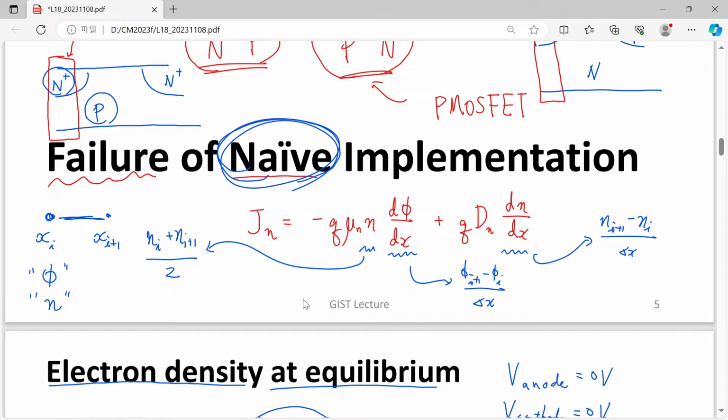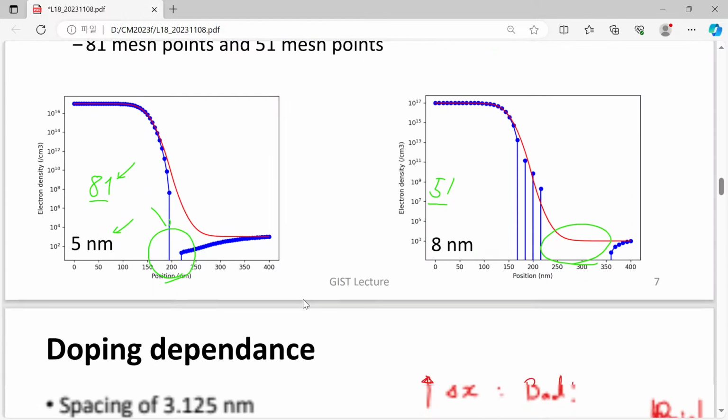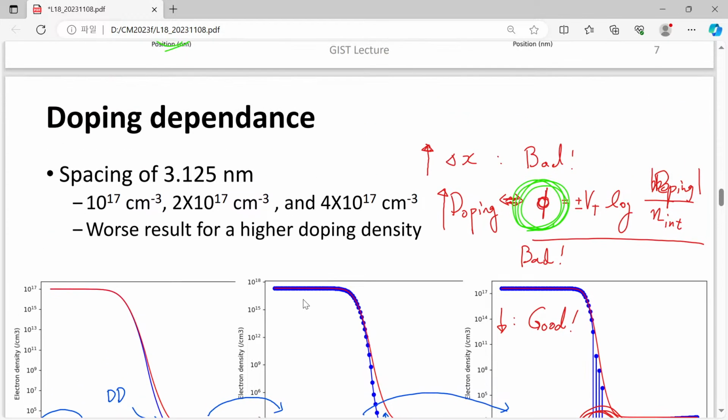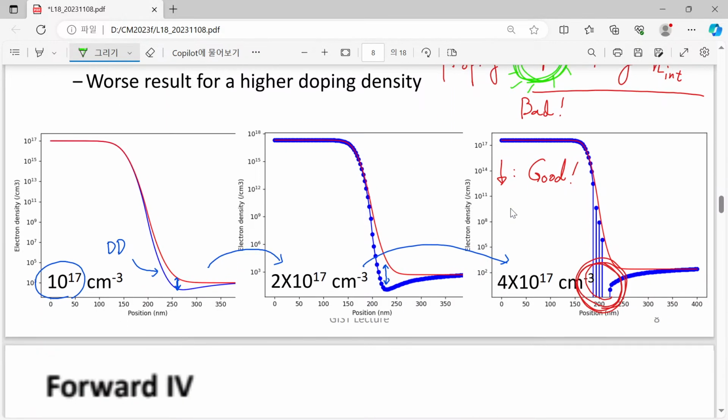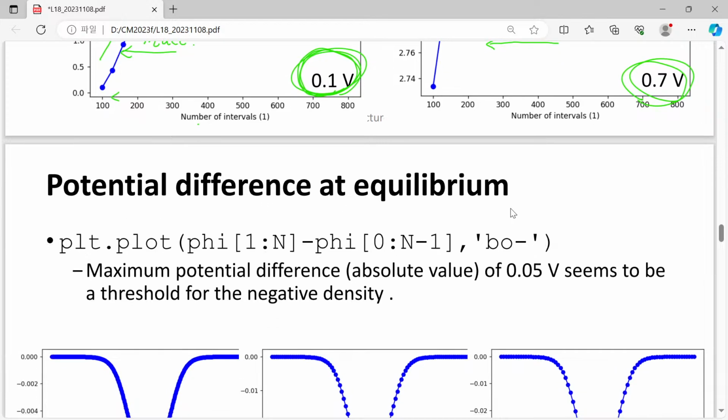We have assumed their linearity over the segment. I told you that maybe the problem is all related to potential, so let me check whether that is true or not.